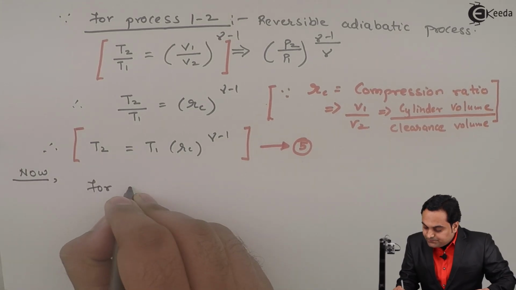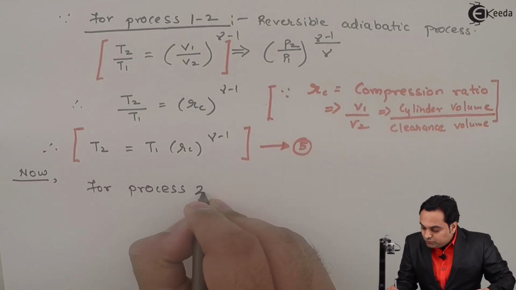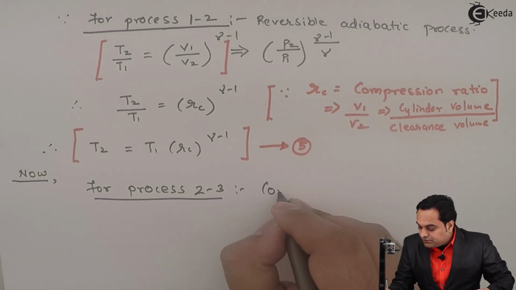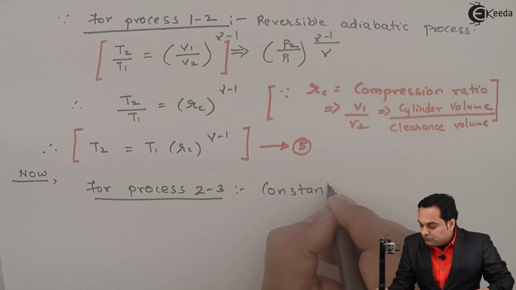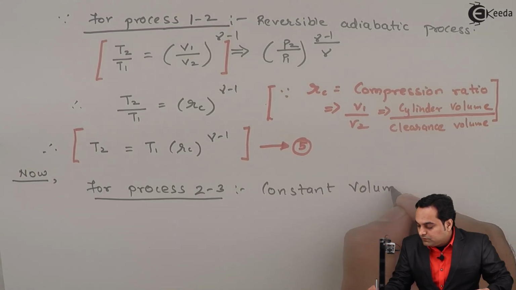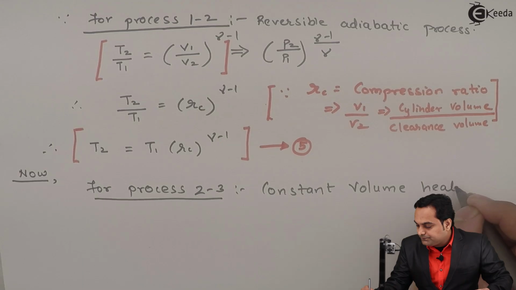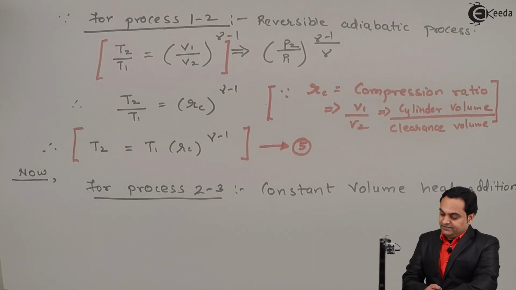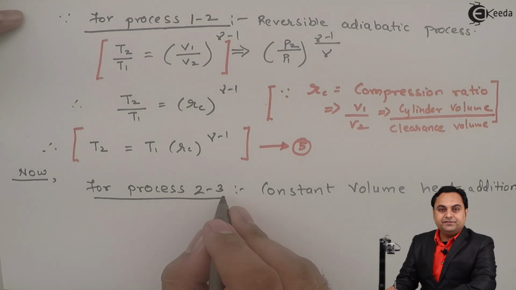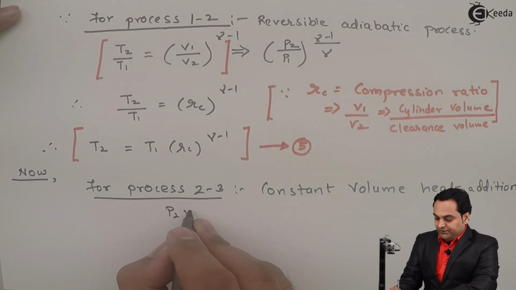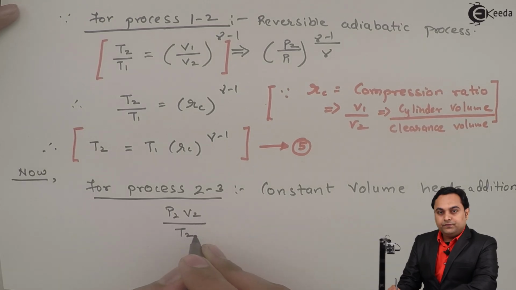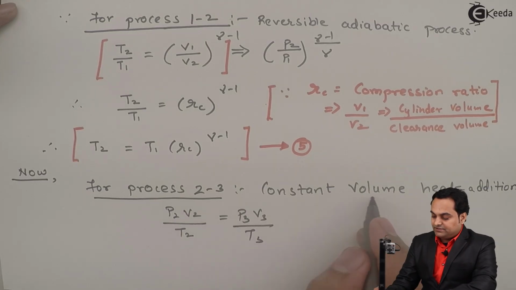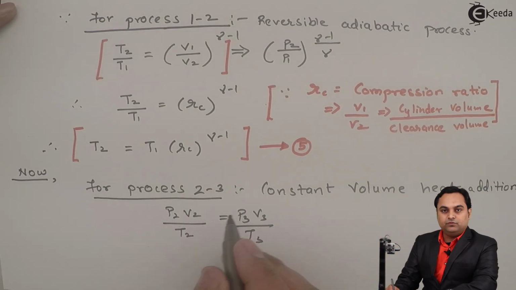For states 2 and 3 it can be written as P2V2 upon T2 is equal to P3V3 upon T3, and since the volume is constant, V2 is equal to V3.